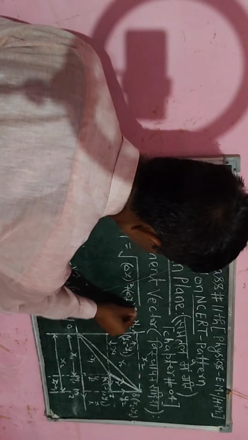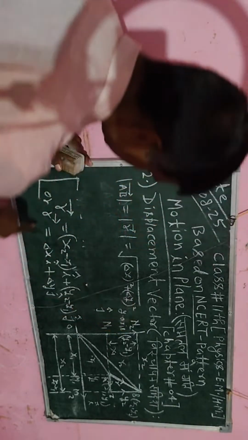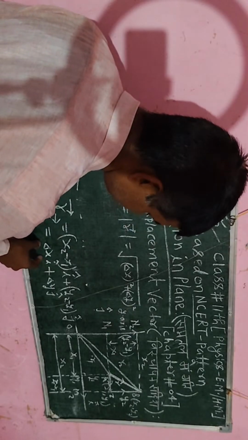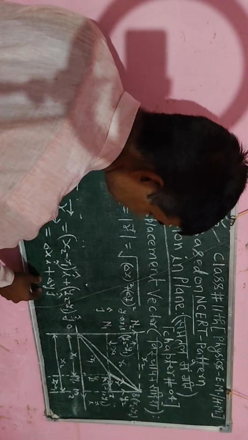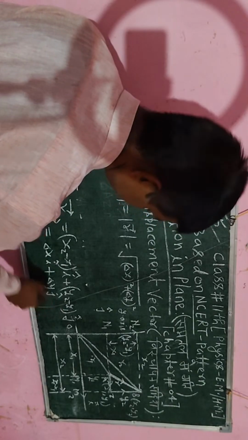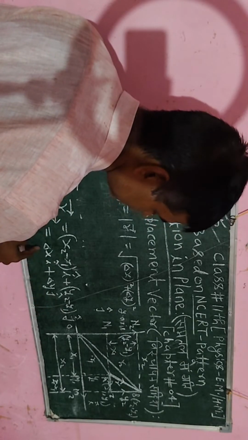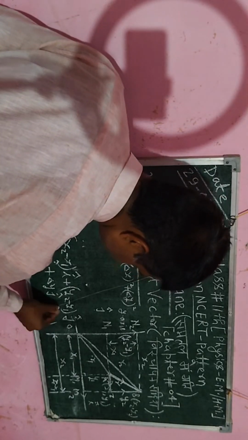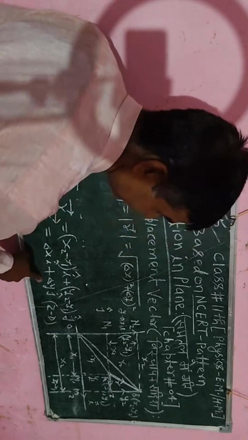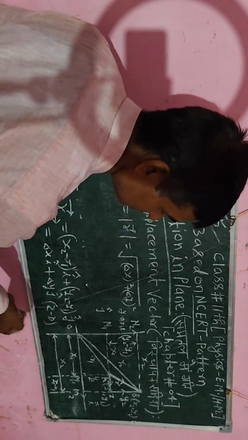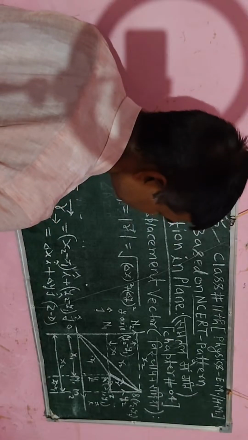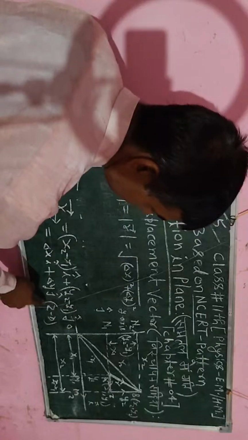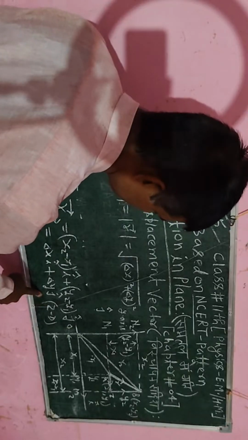We have to write it clearly, because here if any vector is given, we have to take its magnitude: the coefficient of vector i squared, coefficient of vector j squared, and if it is three dimensional, because this is 2D, that is two dimensional analysis. These two terms will be there, and with 3D, the z component will also be added, that is the vector along the z axis I will also add.